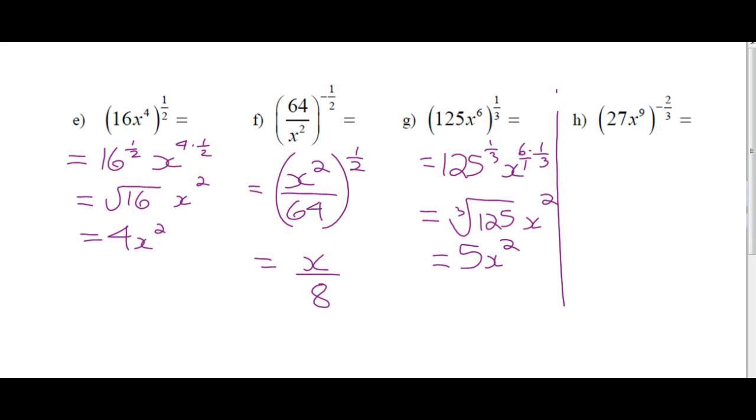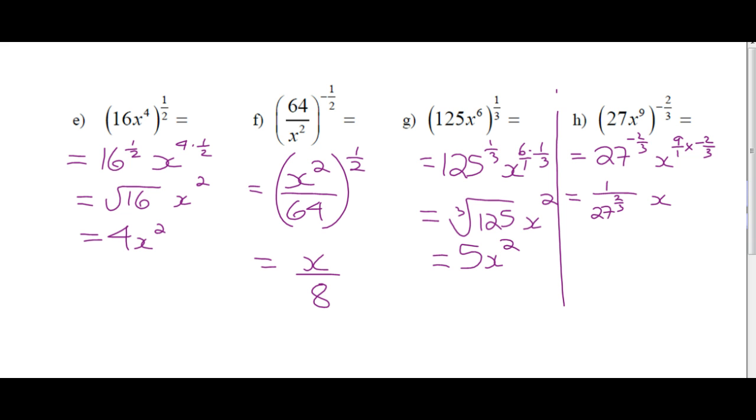Oh. Okay, 27x to the 9th to the negative 2/3. So 27 to the negative 2/3, x to the 9 over 1 times negative 2/3. Okay, so it's a product to a power, right? So you raise each individual part of the product to the power. 27 to the negative 2/3 becomes 1 over 27 to the positive 2/3. 9 times negative 2/3 is?